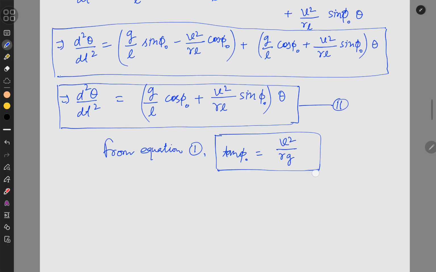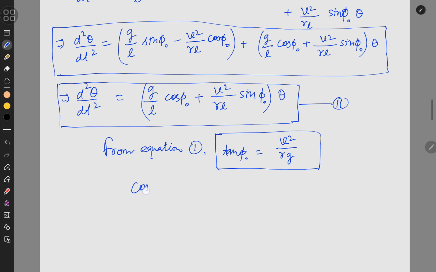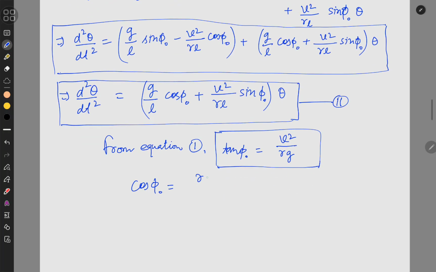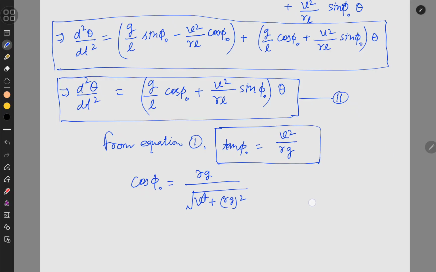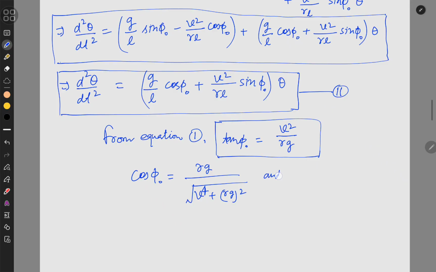So this cosine of phi naught will be RG divided by the square root of v to the power 4 plus RG squared, and sine phi naught will be v squared divided by the square root of v to the power 4 plus RG squared.